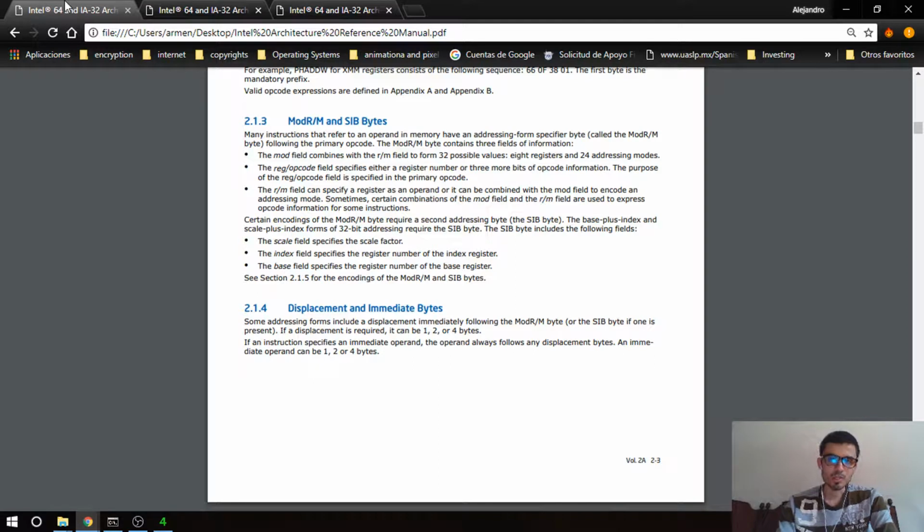Okay, so the base plus index and the scale plus index forms of 32-bit addressing require the SIB byte. That suggests that normally we will see these kinds of encodings in loops through arrays, probably.